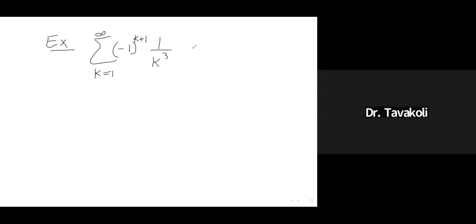It is convergent. Why is it convergent? Because again, this is an alternating series, and 1 over k cubed is a decreasing sequence. So this is convergent by the alternating series test.